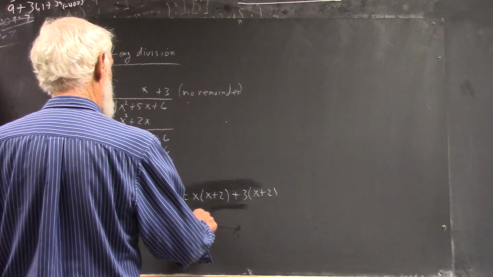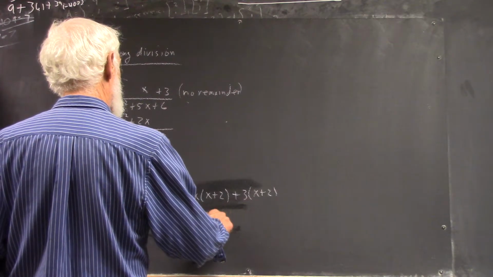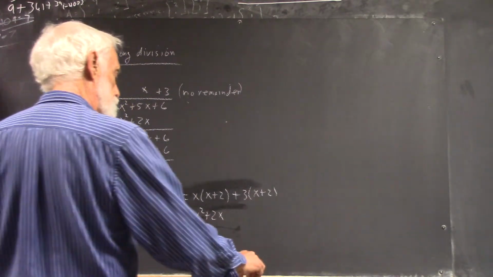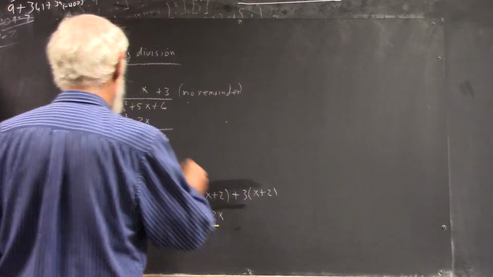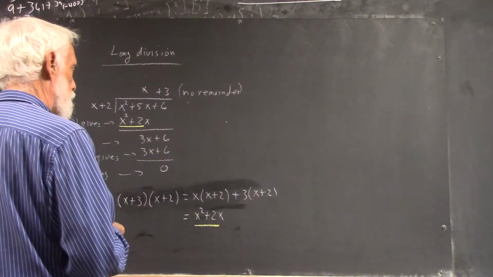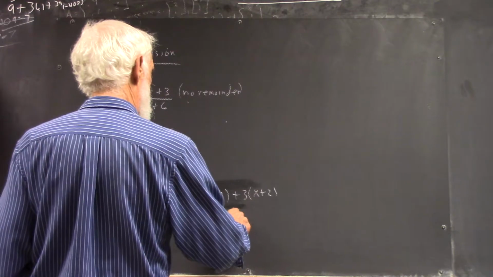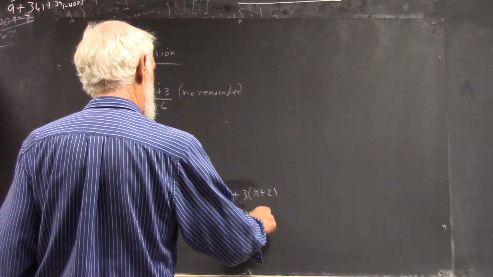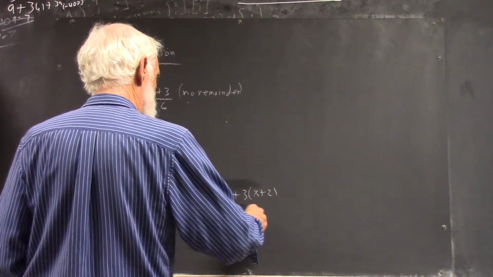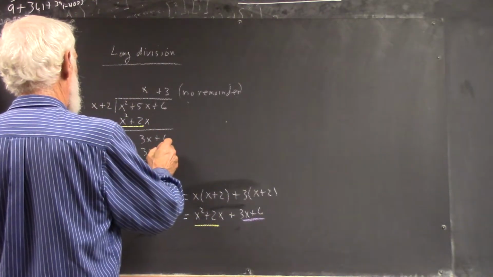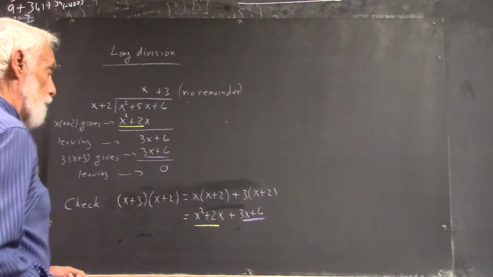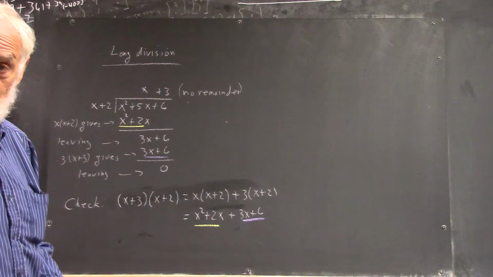This equals x squared plus 2x, which I'll underline in yellow here and here. And then 3x plus 6 here. Okay?